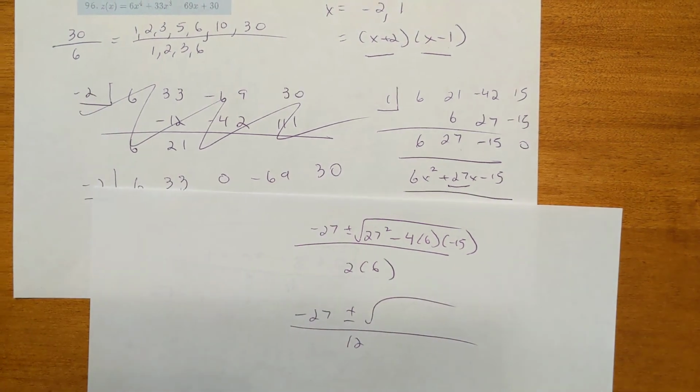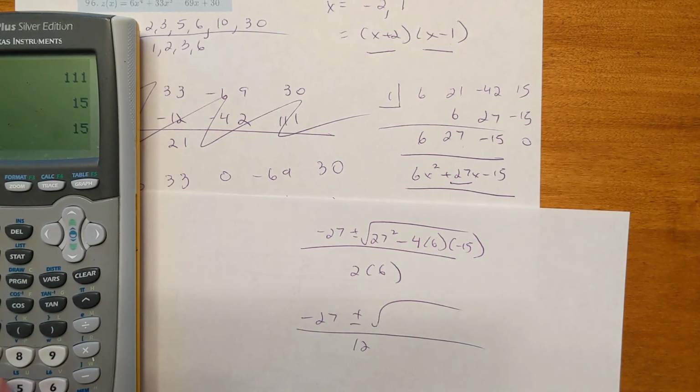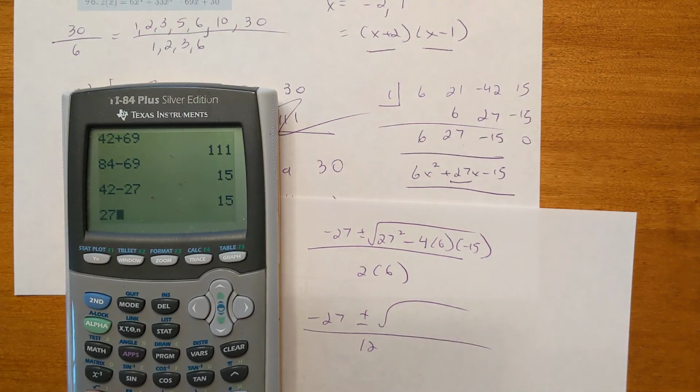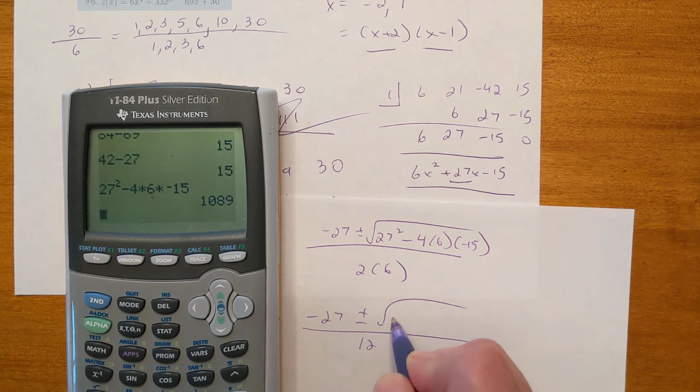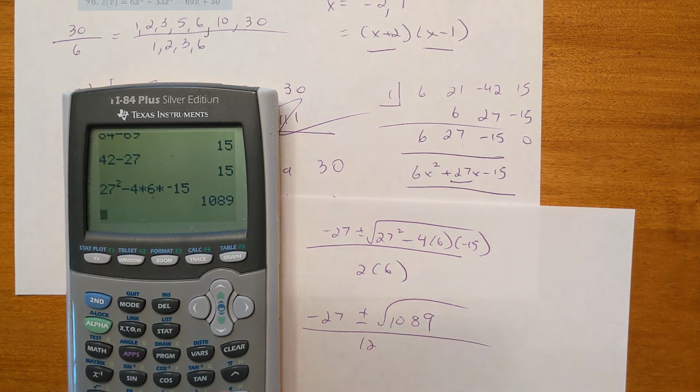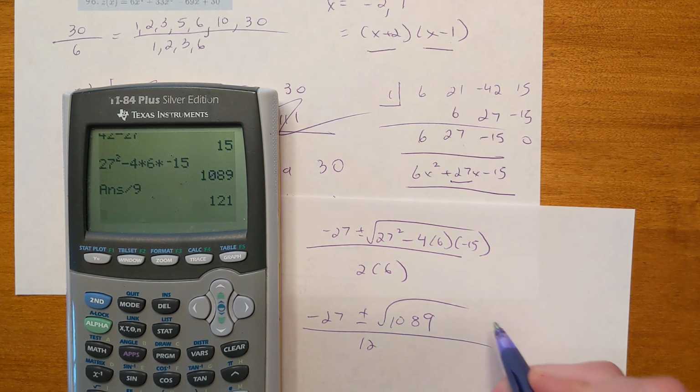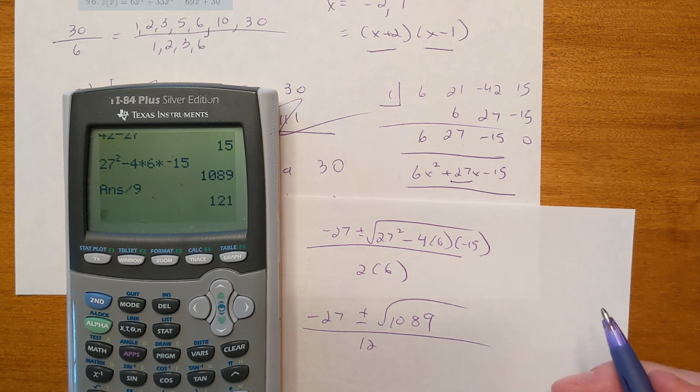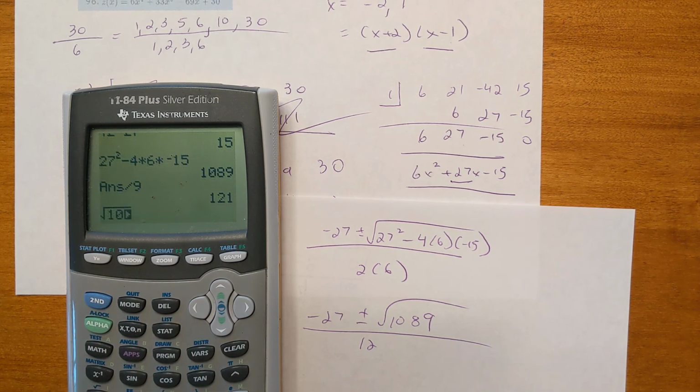And then under the radical, we've got, let's see, 27 squared minus 4 times 6 times negative 15 gives you 1089. Oh my gosh, it's a perfect square. How is that possible? So the square root of 1089 is 33.